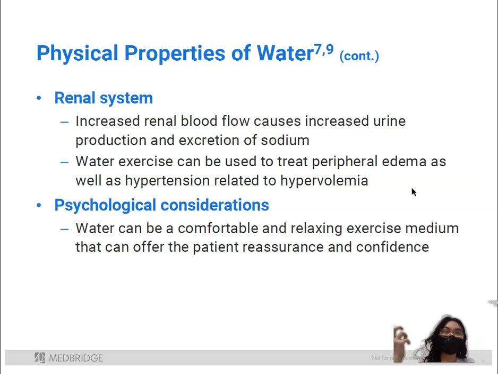But in cases of hypertension related to hypervolemia, when we say hypervolemia, ibig sabihin, there's too much blood volume. Kaya, tuloy, increased ang blood pressure mo, also known as your hypertension. And we would want to somehow decrease the blood volume.